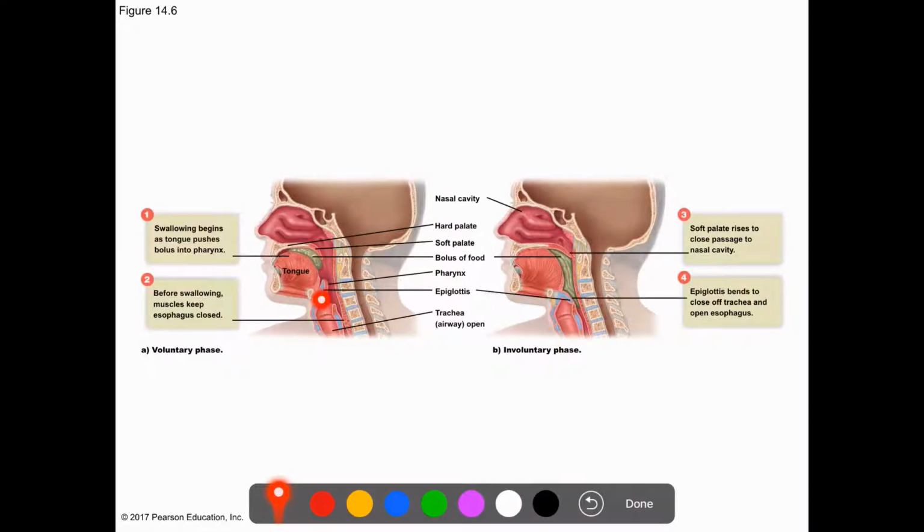So the epiglottis would cover the trachea, as you can see here, and the food would be directed toward the esophagus. Once the food is there, it will go through the lower esophageal sphincter into the stomach.